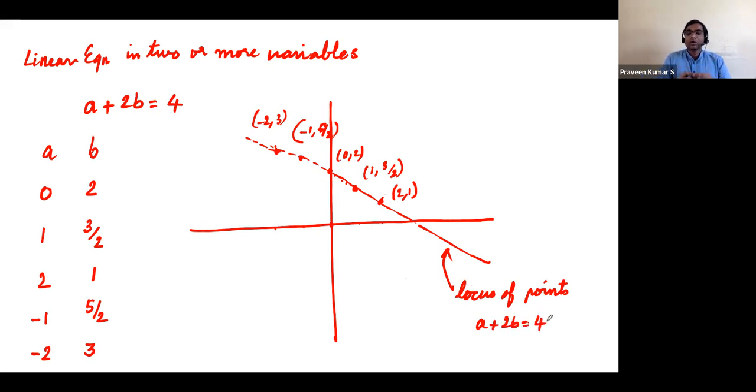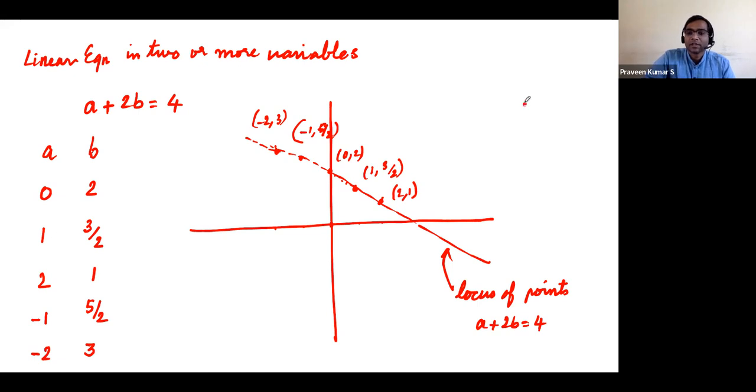So what is a locus? Locus is a collection of all those points which satisfy this condition. Let's say you are defining a circle, for example. A circle is a collection of all those points which are at a fixed distance from a given point which acts as a center, right?